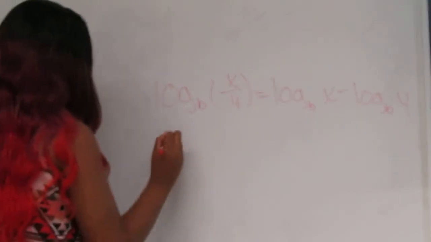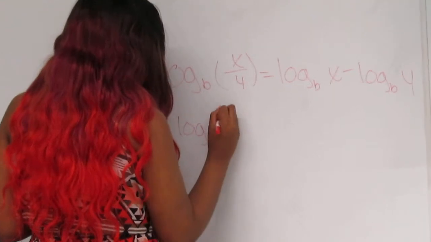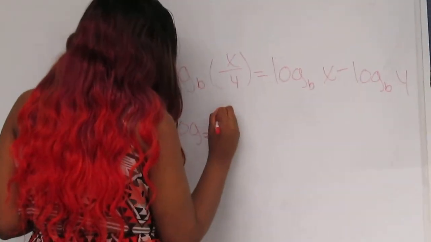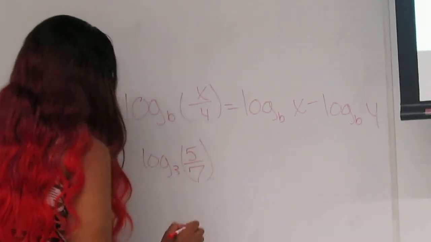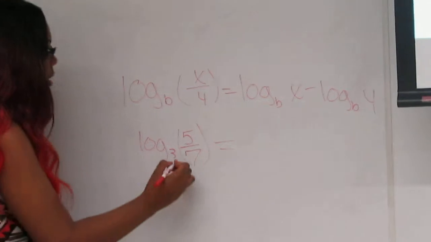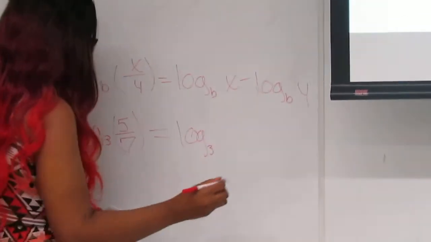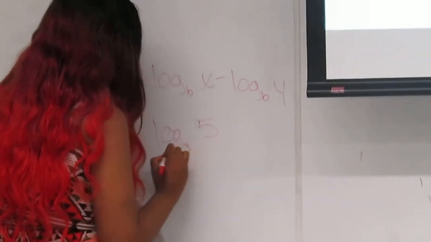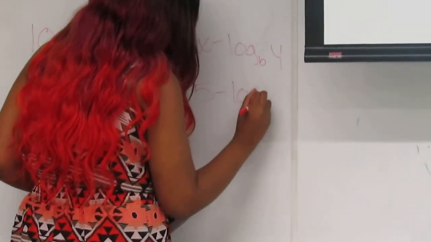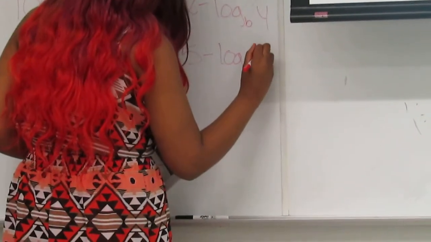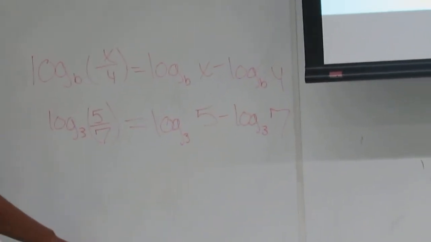An example would be log base 3 of 5 over 7. And if you haven't guessed already, it would be log base 3 of 5 minus log base 3 of 7. And that's the quotient.